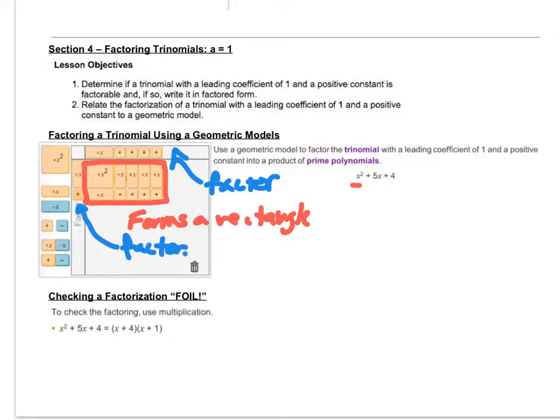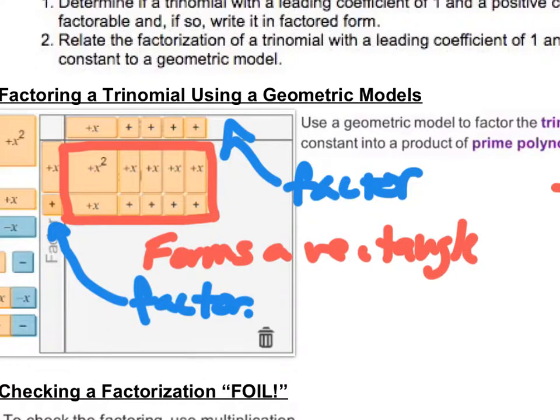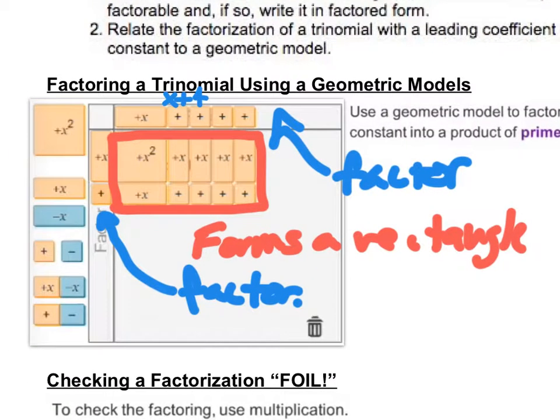You'll be able to play around with this when you're doing your assignment. The thing that I notice here is that when you have this, this becomes the factor x plus 4, and this over here is the factor of x plus 1.